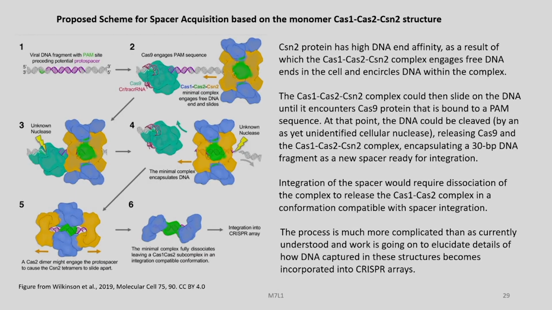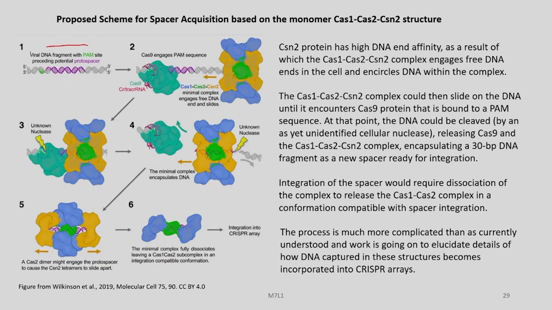Now, this is a proposed scheme for spacer acquisition. Now, we know that this Cas1, Cas2, CSN complex binds to the viral DNA, but how does the acquisition really take place? So, this is a proposed scheme as presented over here. You have this viral DNA fragment which has a PAM site, which precedes the potential protospacer.